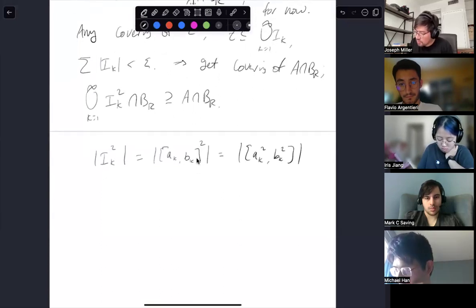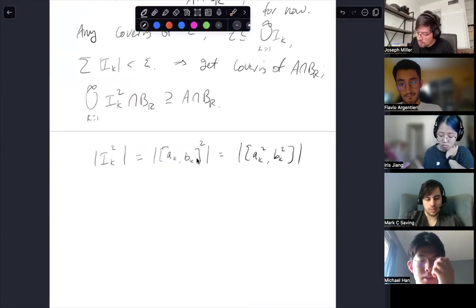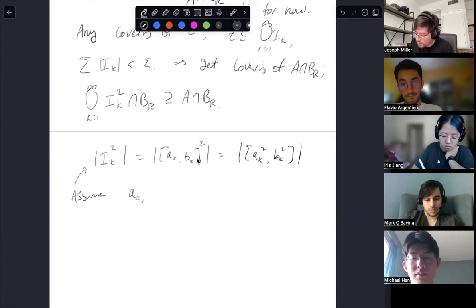And because I'm looking at things intersecting with this ball of radius r, I assume that a_k, b_k are in negative r to r.